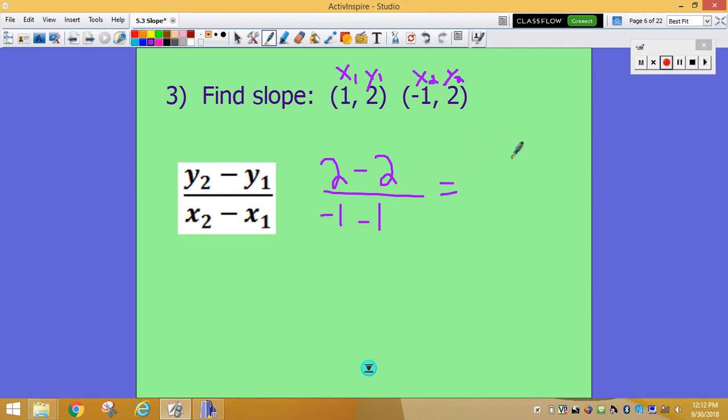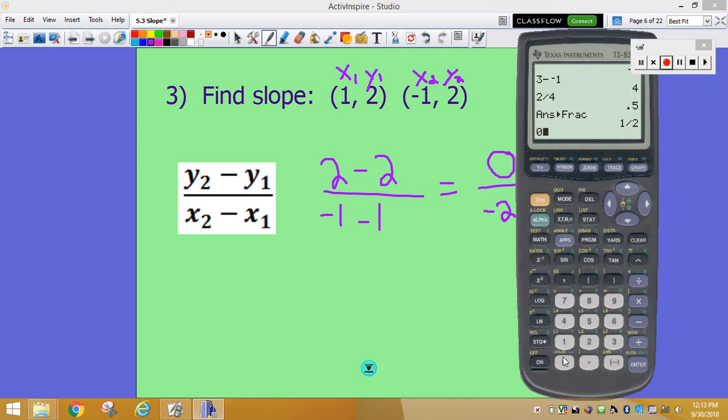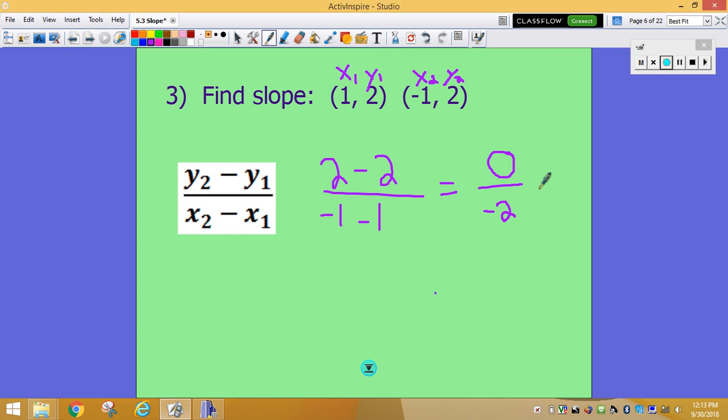On top, 2 minus 2, I know that is 0. On bottom, if you typed it in the calculator, you would get -2. Last step is to divide these. 0 divided by -2 is 0. So the slope of these two ordered pairs is 0. If 0 is on top, your slope is 0.